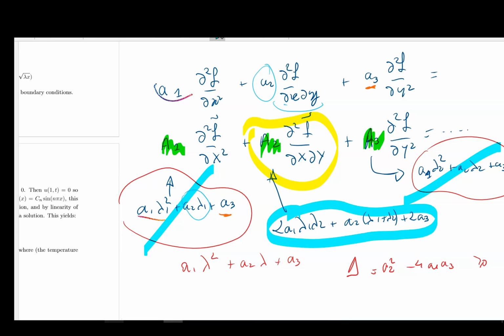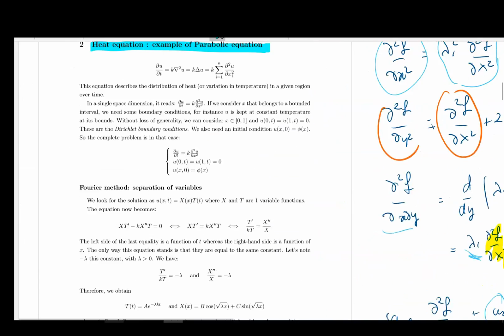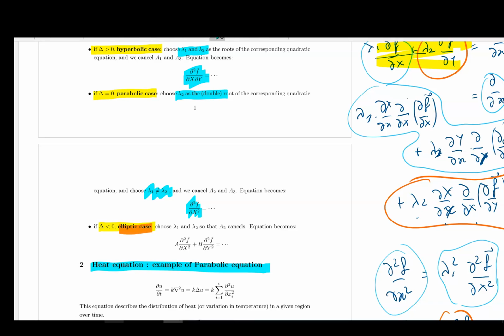And you can find some corresponding values that can cancel these two terms, right? So you put this equal to 0, and then you find lambda 1 as a function of lambda 2, and then you have many choices, right? So you can cancel this term out, and you just got rid of one term, the central cross derivative term. Okay, so that's it for quite a long introduction.